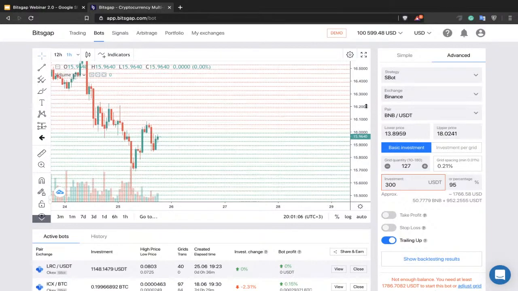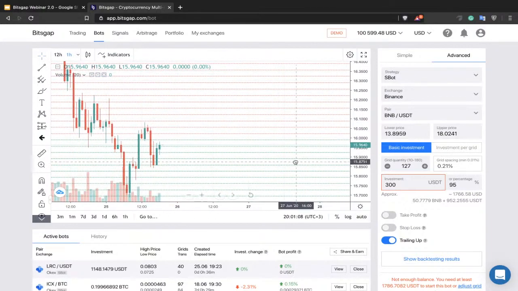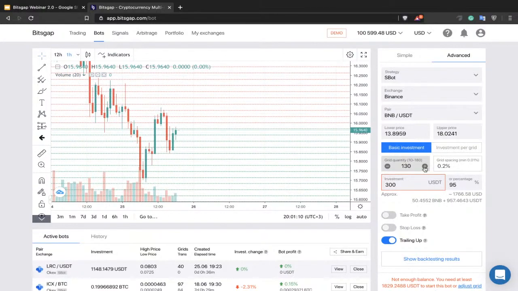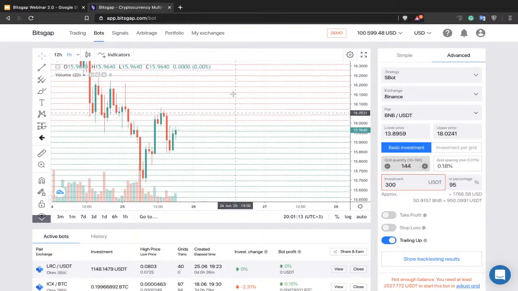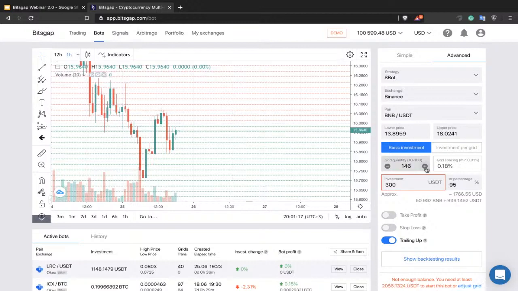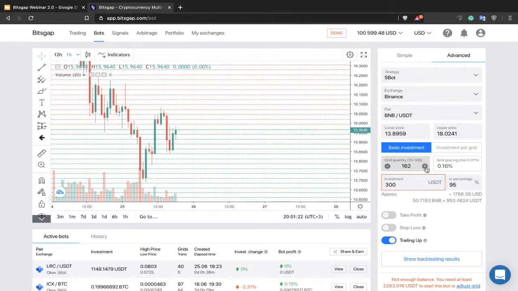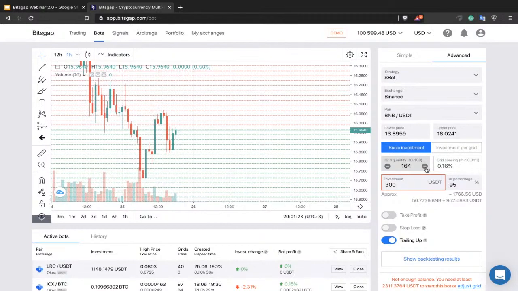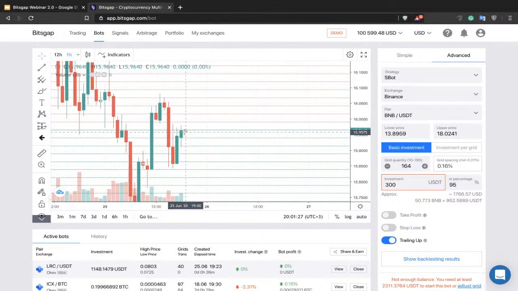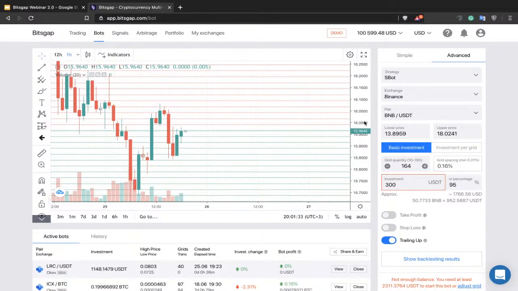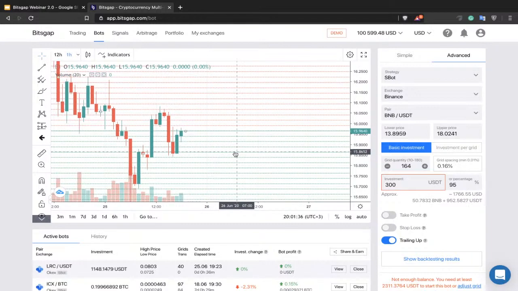Because clearly this setup is narrow, as we now have more grid levels. See how they become narrow. So that means that we will not skip the price action. We reduce the space, so there won't be gaps where we didn't have any trades.